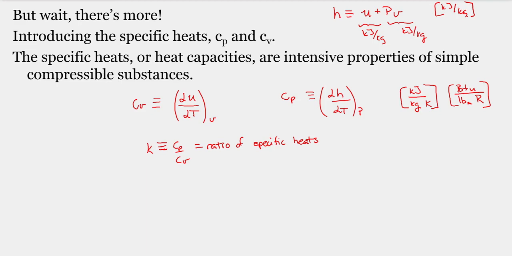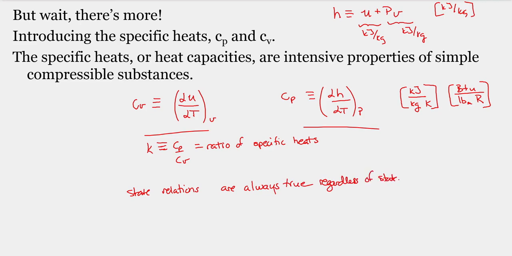Okay, so these are the specific heats. We're going to use them quite a bit. And again, they're state relations. And for these fundamental definitions, these are state relations. And these definitions are always true regardless of state, as long as the system is equilibrated.